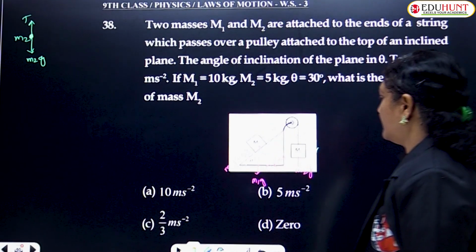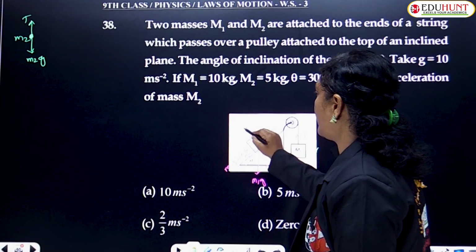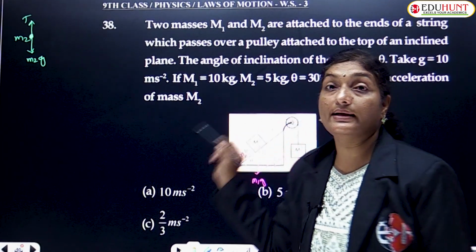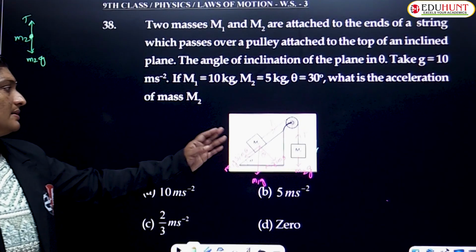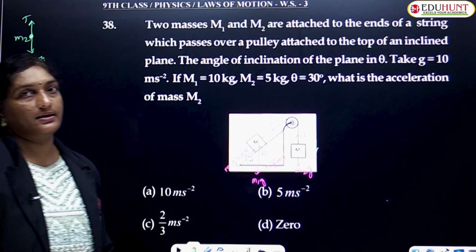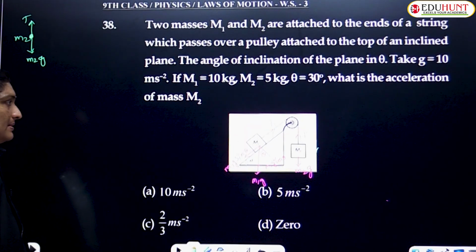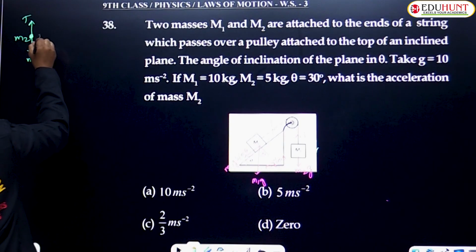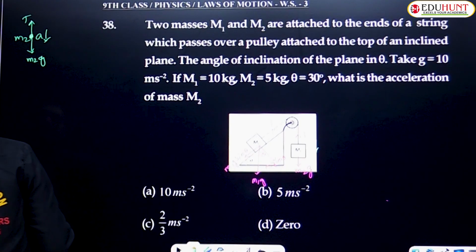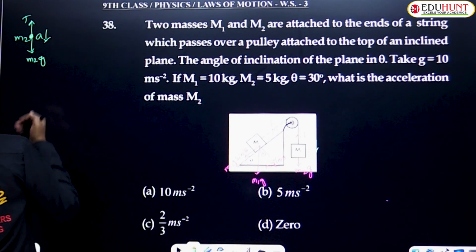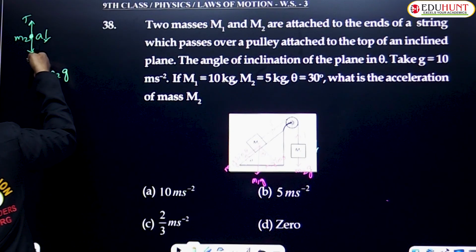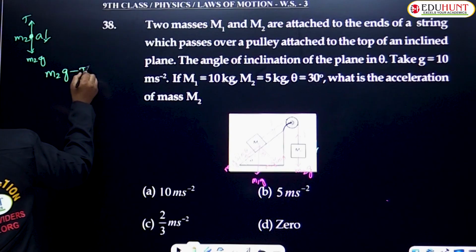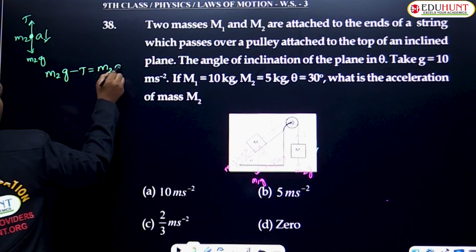Whenever it is accelerating downwards, the other body must be accelerating upwards. This is only our supposition. We are imagining that it is accelerating downwards and here it is accelerating upwards, and let us see what happens. Clearly, as I said, this is accelerating downwards, so the equation can be written as M2G downward force minus T must equal M2A.